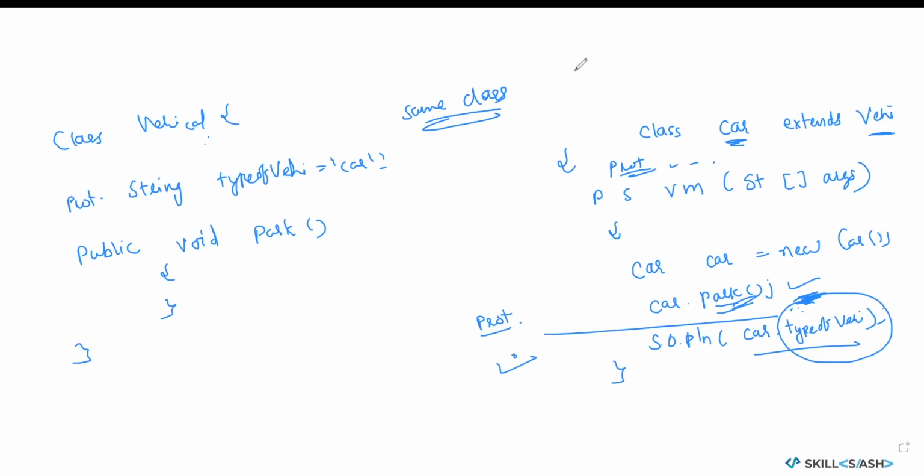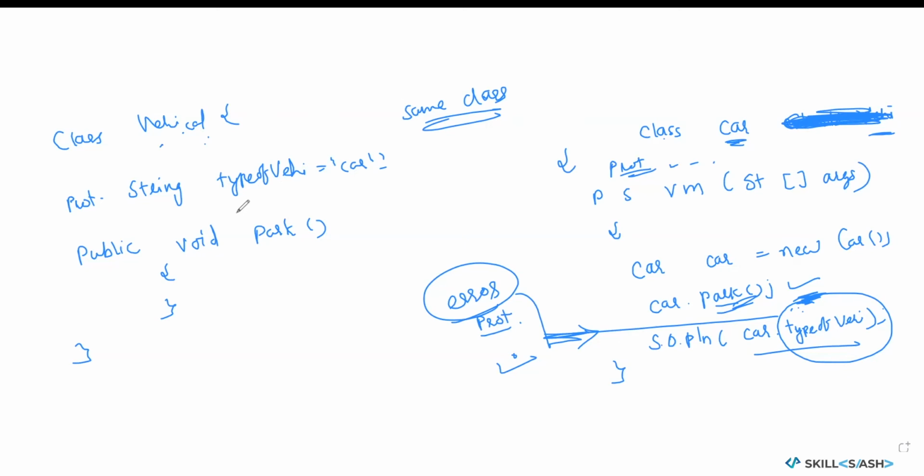But if I do not create this relationship, that means this object is different and that object is different, there is no relationship between them, then this will throw an error that you cannot call any protected member of a class outside its scope. So that's why we have to use inheritance, in the sense of a parent-child relationship, to use the protected members.